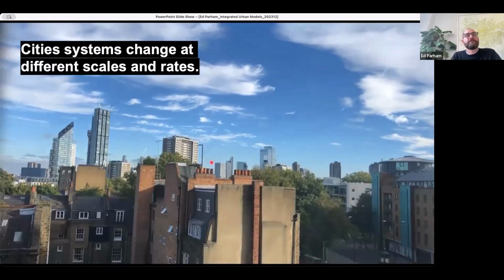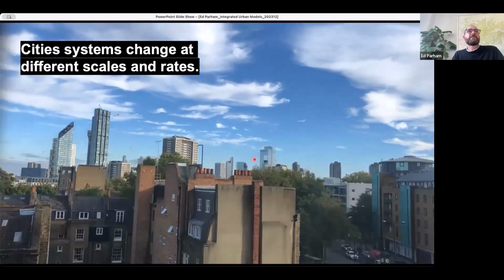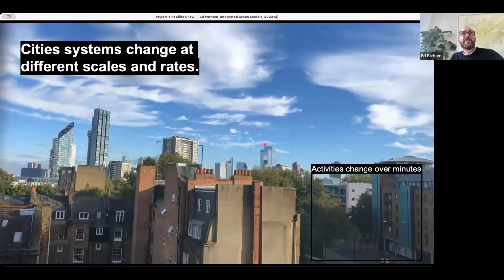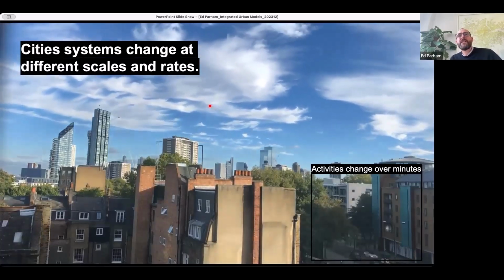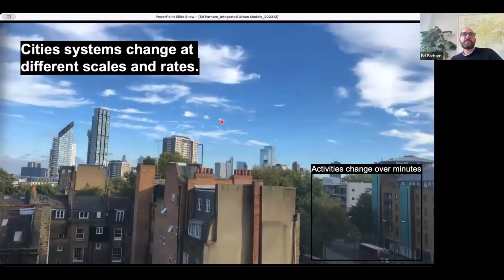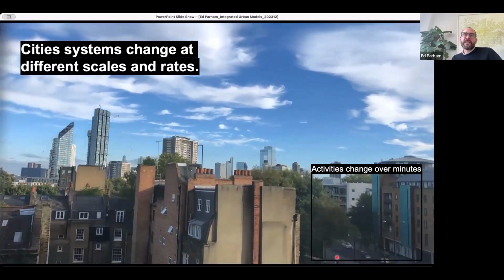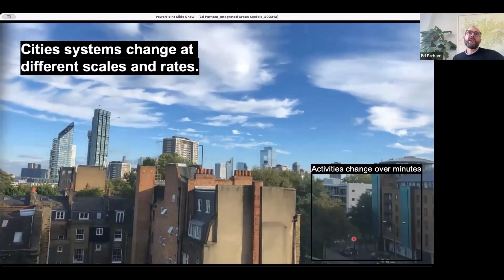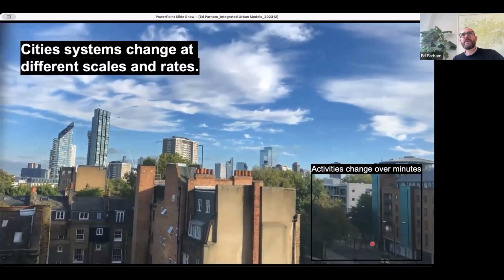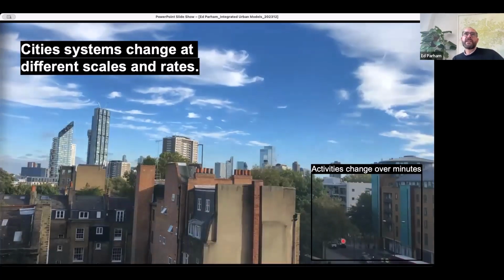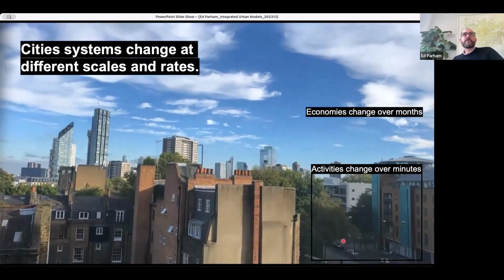And just to reinforce this point about things changing, cities have got a whole load of different systems. They change at different speeds and rates. So here's this idea of live data. You can see that there's different levels of traffic, different people on the street. That stuff changes minute by minute.